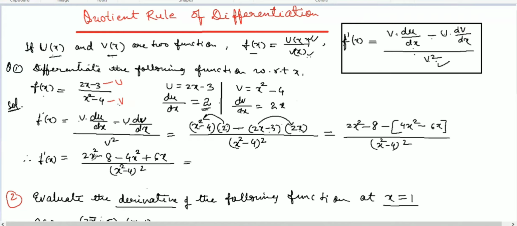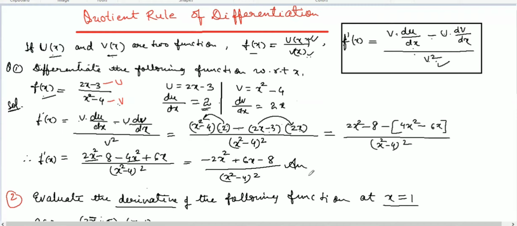Equal to, see the like terms, we can add and subtract: 2x square minus 4x square will give me minus 2x square, then plus 6x, and then minus 8, over (x square minus 4) whole square. So this is the differentiation of this function f(x) using the quotient rule.